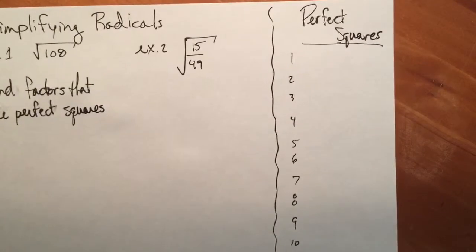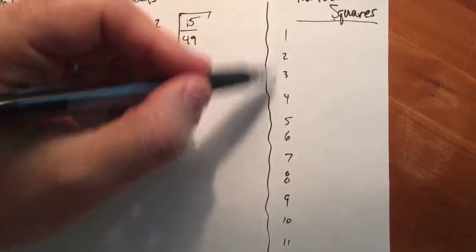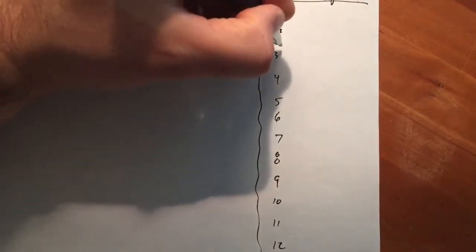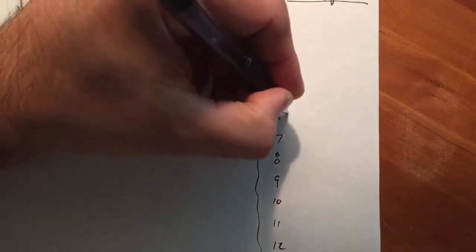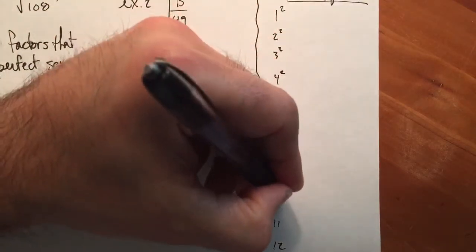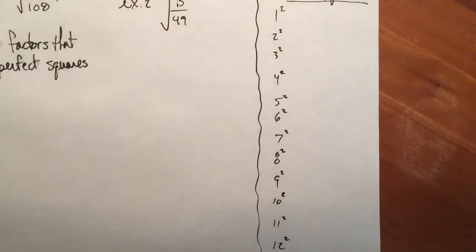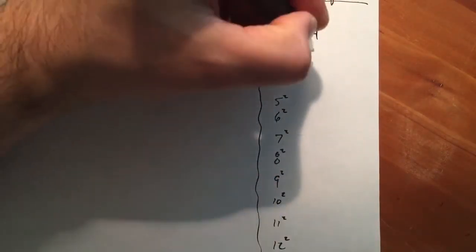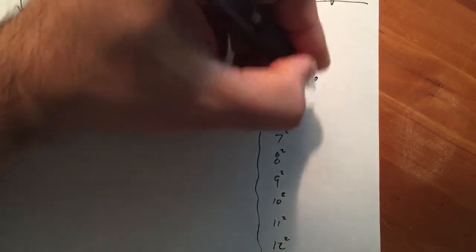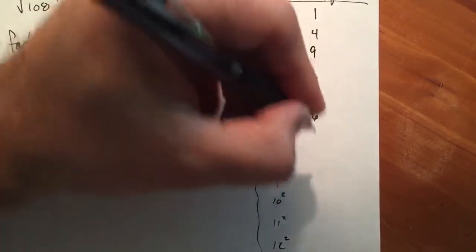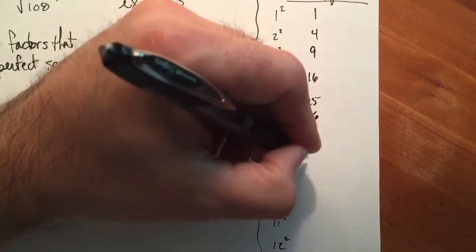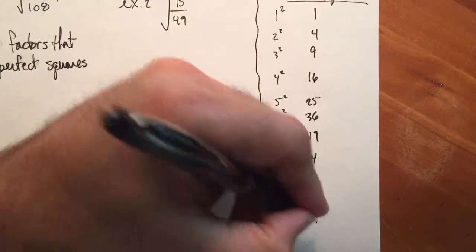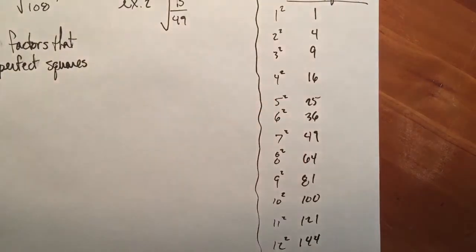Let's talk about that. Let's just look at the numbers 1 through 12. If we take each one of these and raise it to the second power, we're going to end up with whole numbers. 1 squared is 1, 2 squared is 4, 3 squared is 9, 16, 25, 36, 49, 64, 81, 100, 121, and 144.